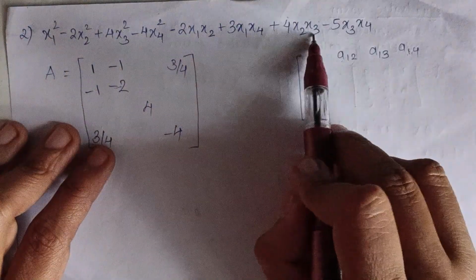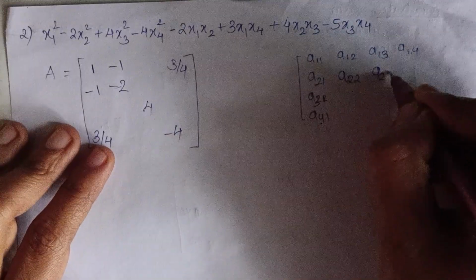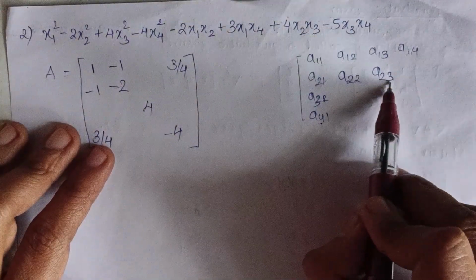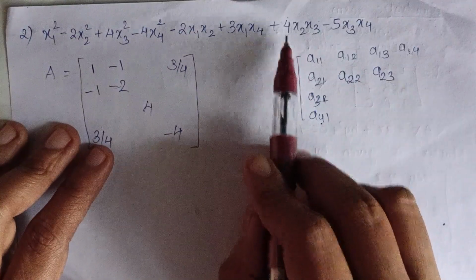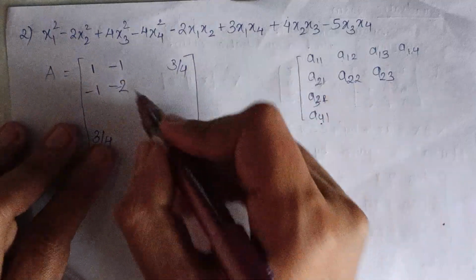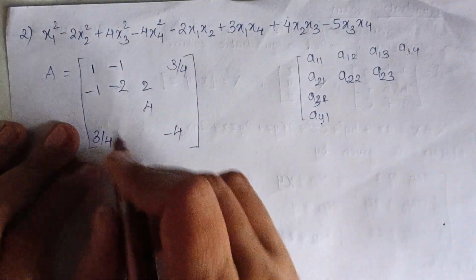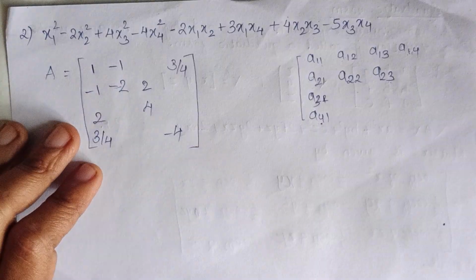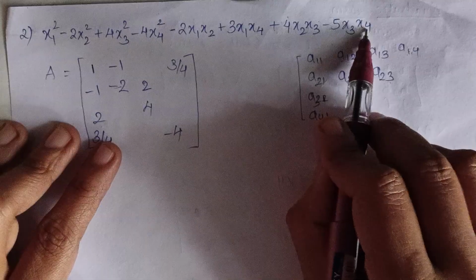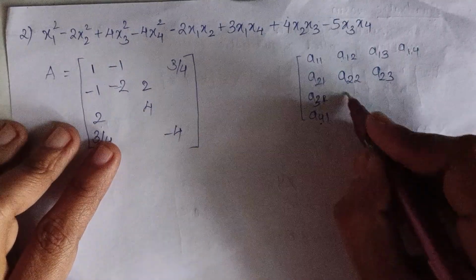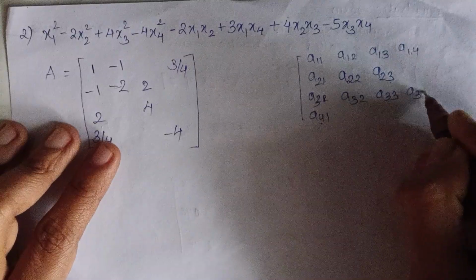For this, 2, 3. So A22, A23. 2, 3: so 4 divided by 2, so 2 and 2. Then minus 5, x3, x4. So this is 3, 1, 3, 2, 3, 3, 3, 4.